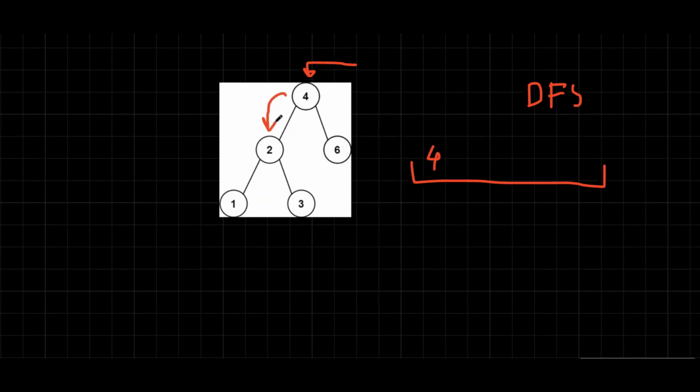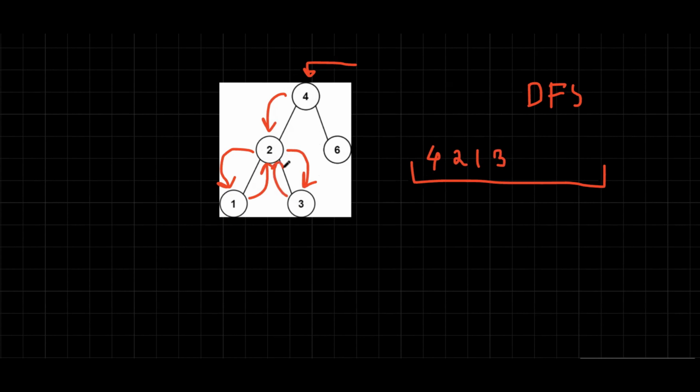From 4, we will go to the node 2, we will store 2 here. From 2, we will go to 1, so 1 will be stored here. From 1, we will go to 2, but 2 is already visited, so we will go to 3. Now, in the DFS the value 3 is stored here.